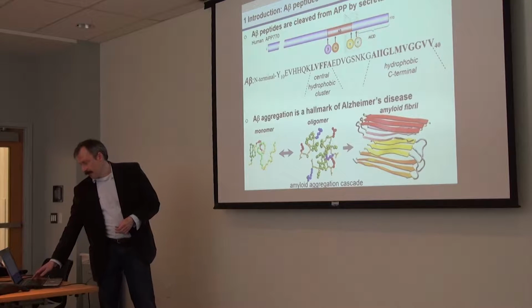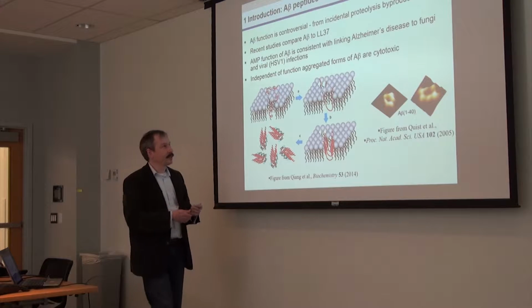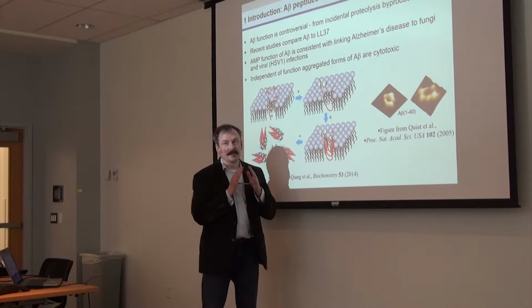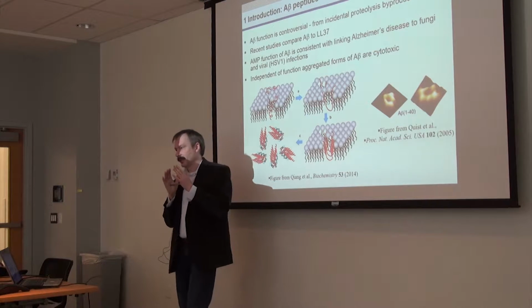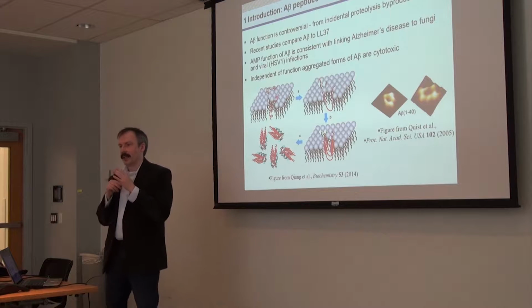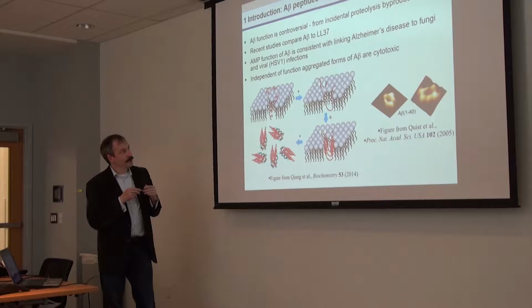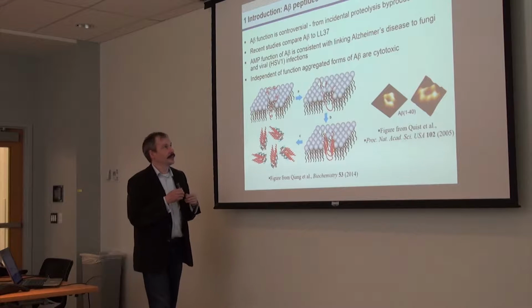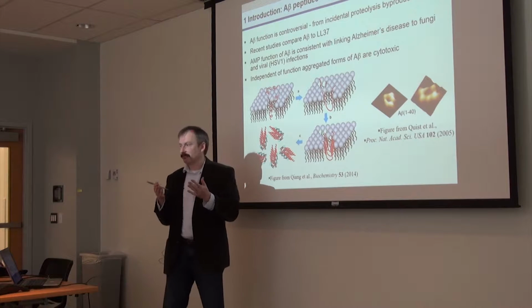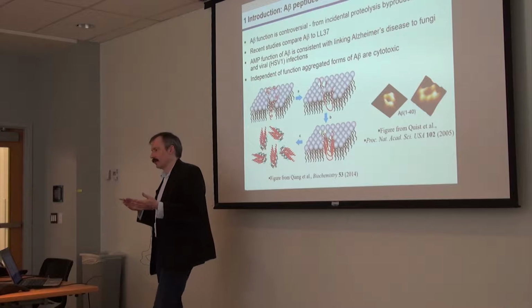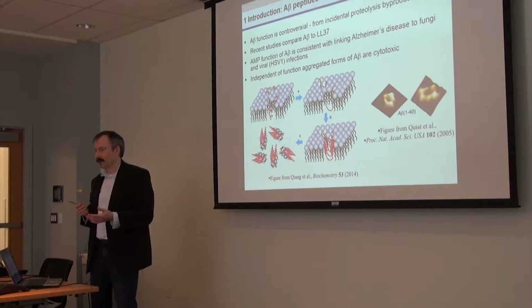However, the biological role of A beta peptide is highly controversial. It's probably, as with everything else in Alzheimer's disease. The more traditional point of view suggests that this is just an incidental product of proteolysis, which happened to be cytotoxic.